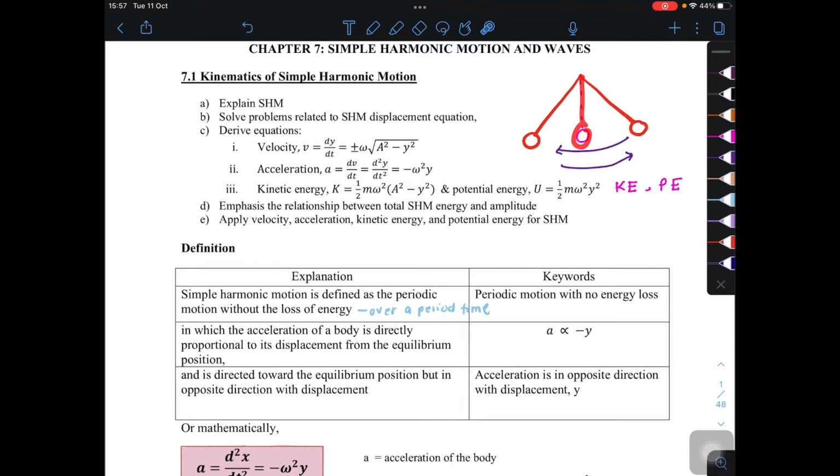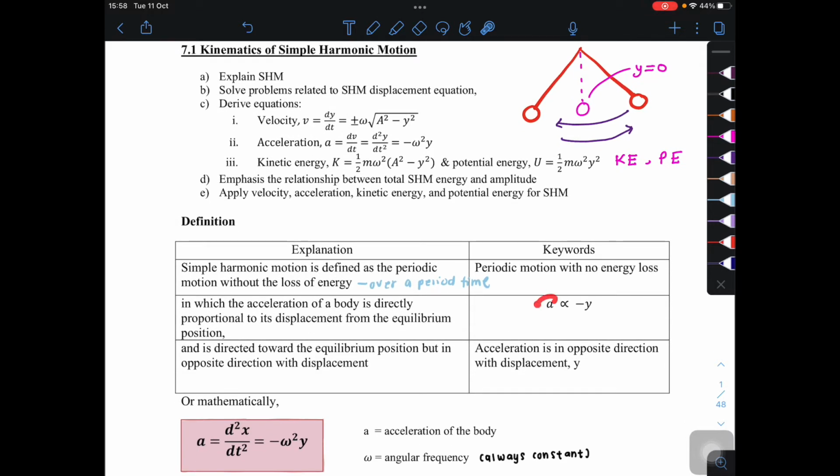So dia adalah at equilibrium, bermaksud displacement dia sama dengan kosong. Ke sini displacement dia adalah at maximum tapi on positive direction. Ke sini displacement dia adalah at maximum but on negative direction sebab dia adalah opposite direction.